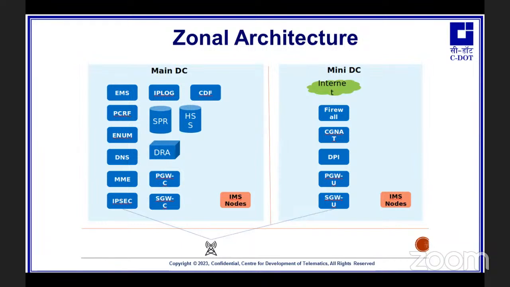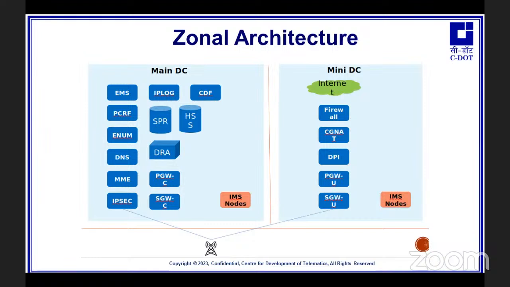So this is the detailed architecture from the last slide which we were talking about. The control plane and data plane will be segregated on the basis of main DC and mini DC. In the zonal architecture, the main DC has EMS, IP log, TDF, SPR, HSS, DNS, MME, DRA, PGWC, SGWC.